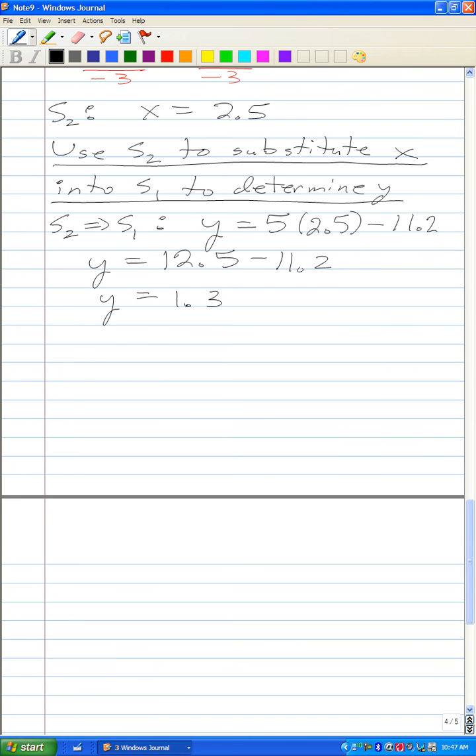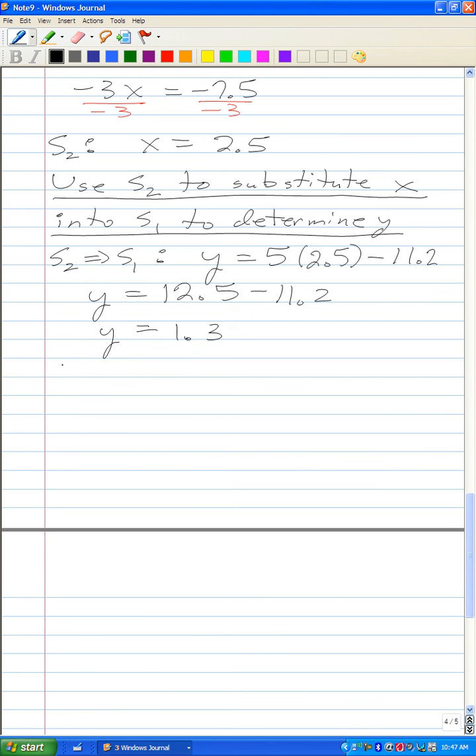And so the solution to my system is (2.5, 1.3). Since I'm able to solve for both x and y, these are intersecting lines.